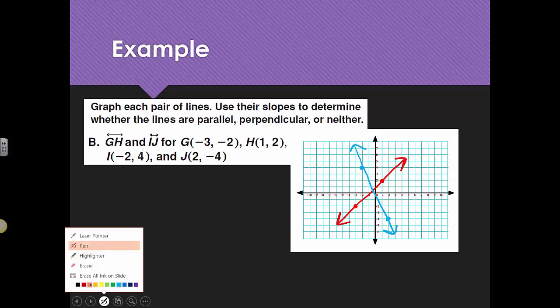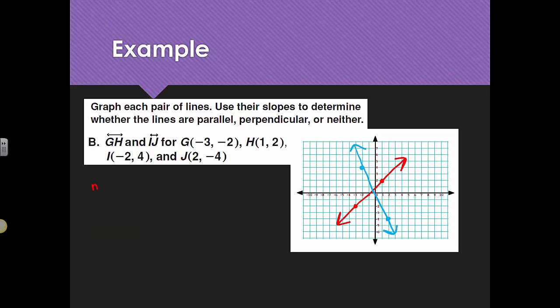So let me grab my red pen again and find the slope of line GH. Change in y is -2 minus 2 over change in x, -3 minus 1. I end up with -4 over -4, and my slope is 1.